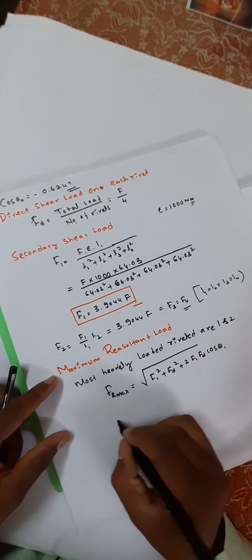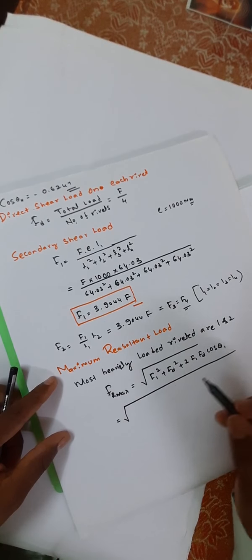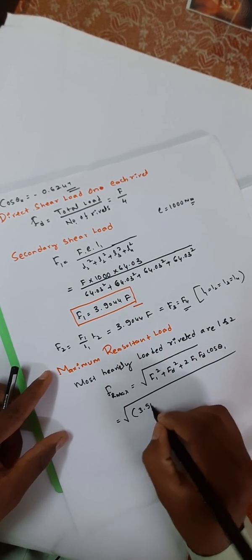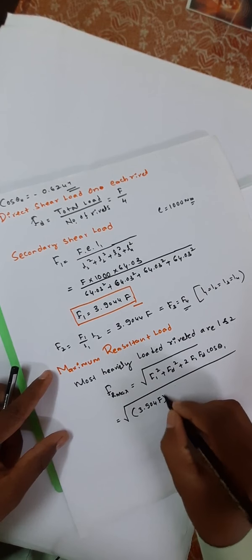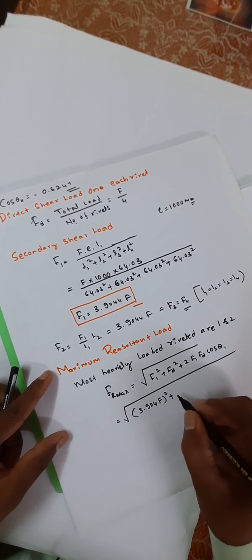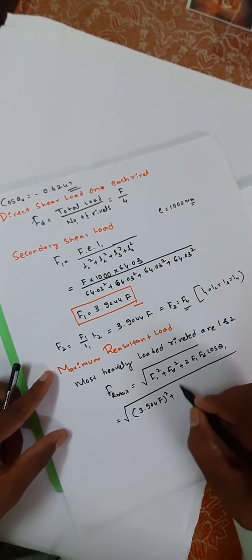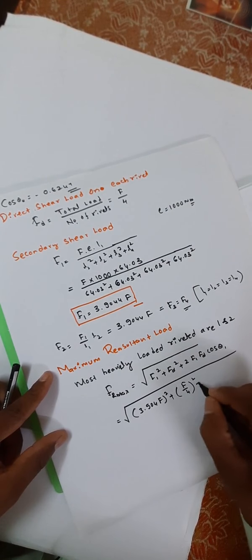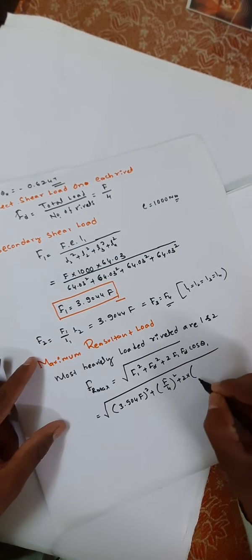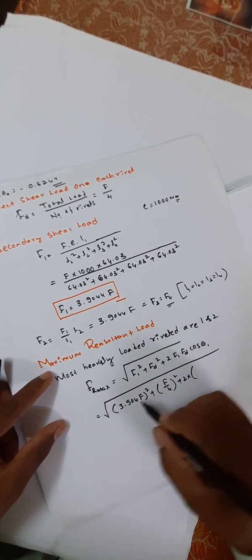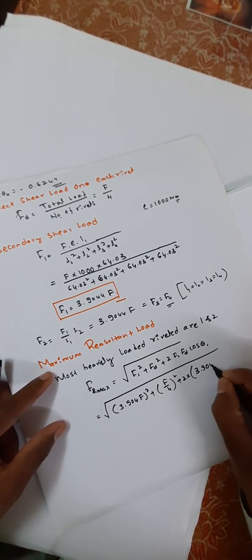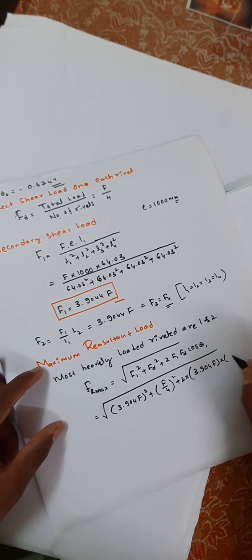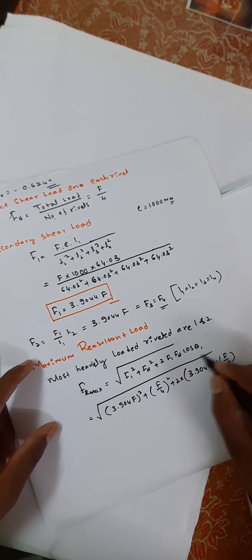If you substitute all the values into that equation, we know F1 is 3.904 F, whole square, plus we know Fd is equal to F by 4, whole square, plus 2 into 3.904 F into F by 4 into cos theta 1.